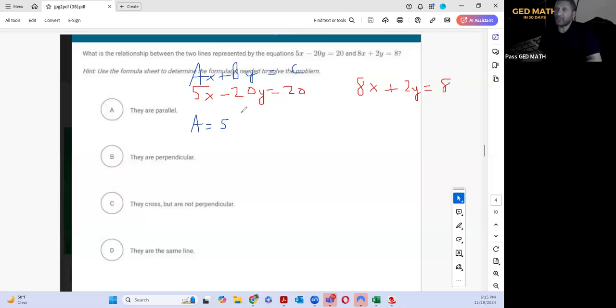B is the coefficient in front of the y. B is -20. C is the constant on the right side of the equation. So C equals 20. Does everybody understand how I got A is 5, B is -20, and C is 20? Okay. So I'm going to show you a very easy way to find a slope.